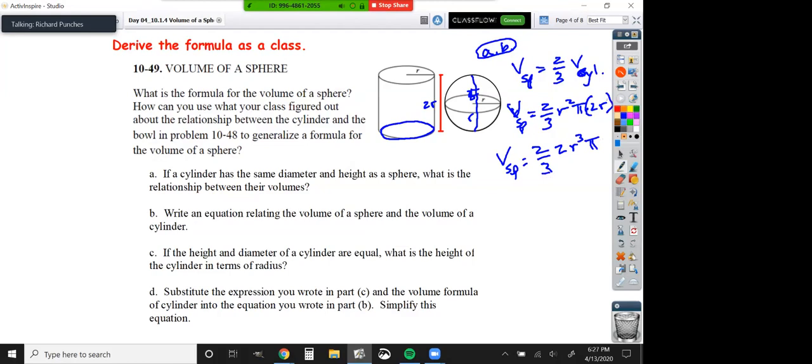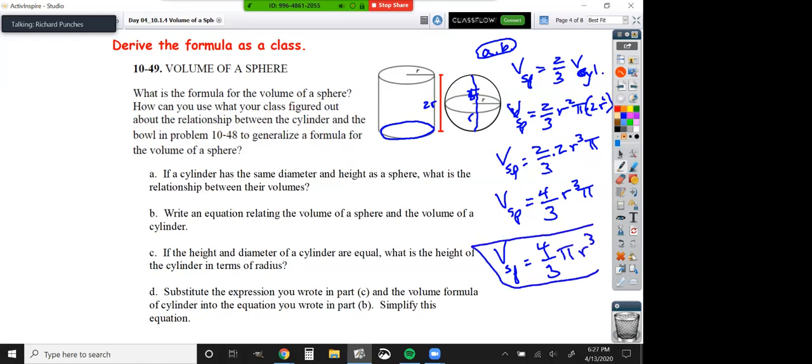See how r squared and r to the first would make r to the third power? And there's a 2 there. So the volume of a sphere, if I multiply this out, is going to be 4/3 r cubed pi. Most textbooks say this. They'll say 4/3 pi r cubed, and that's what you will normally see.